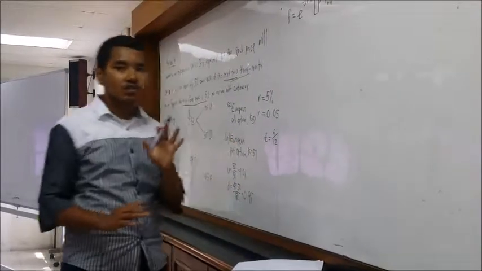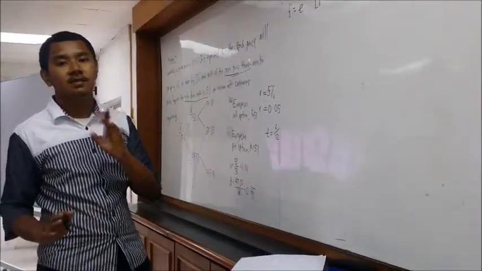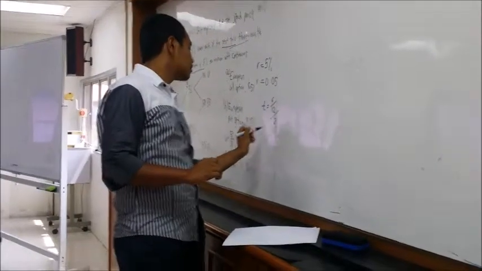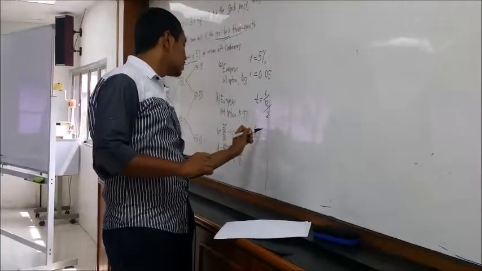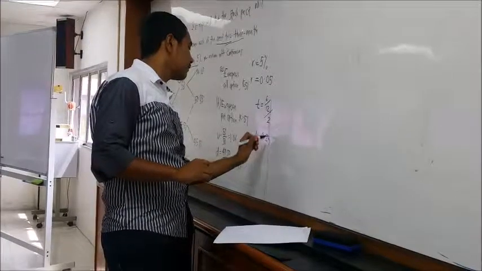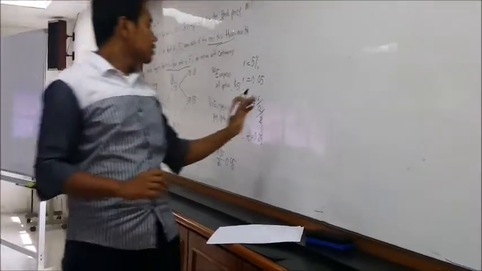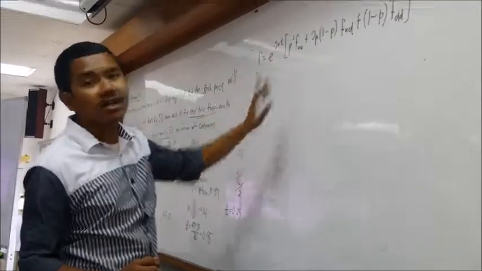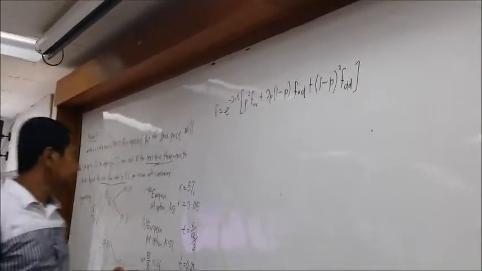But this is a two-step binomial model, so we need to divide by 2, which gives our t equal to 0.25.